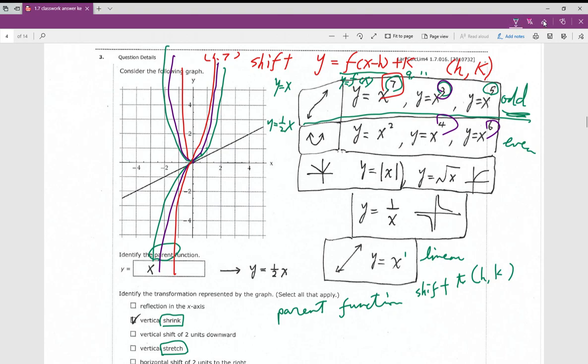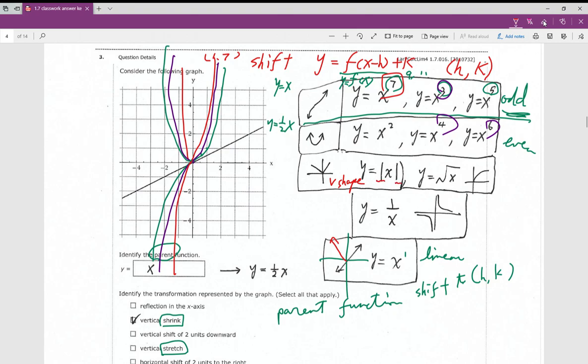Now how about this? A straight line, when you have absolute value, means negative becomes positive, so it looks like a V shape. That's the absolute value function.